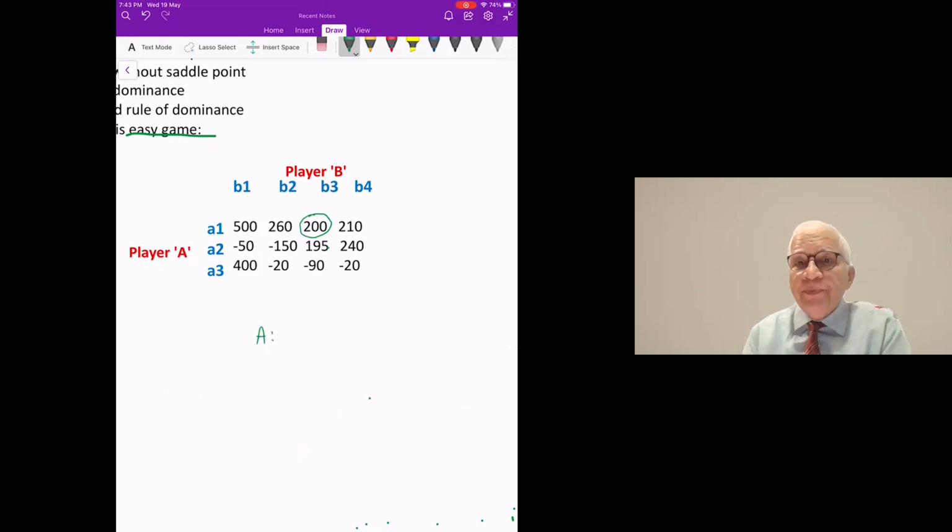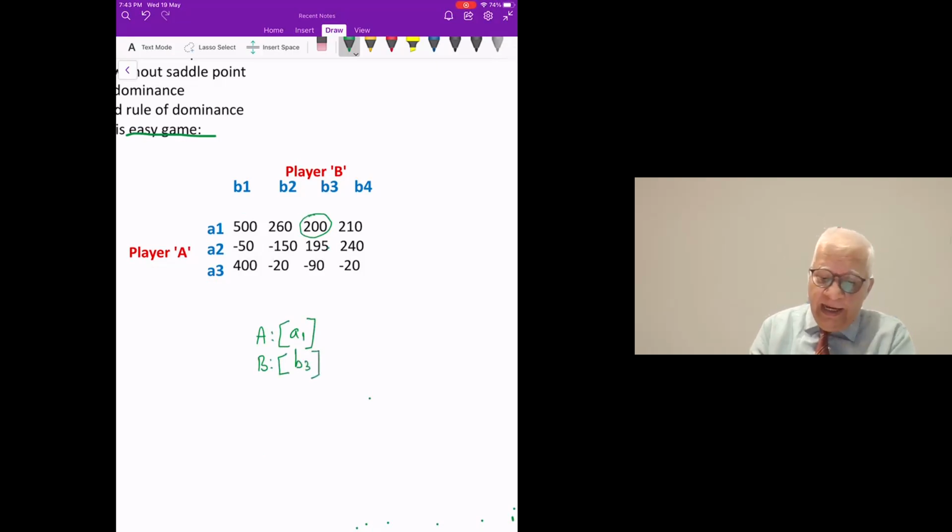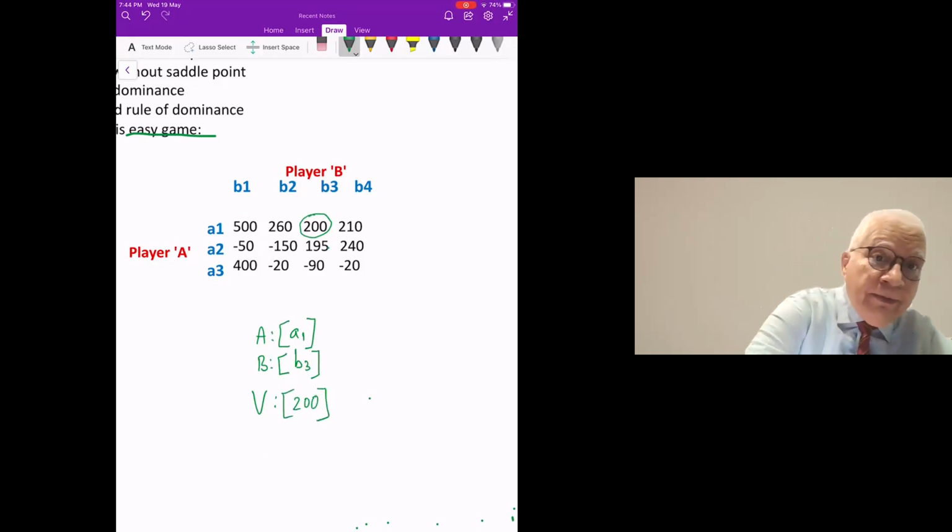Player A, colon, optimal strategy, A1. Player B, colon, optimal strategy, B3. And the value of the game, V, is 200. This is the way to write the answer to the game theory question.